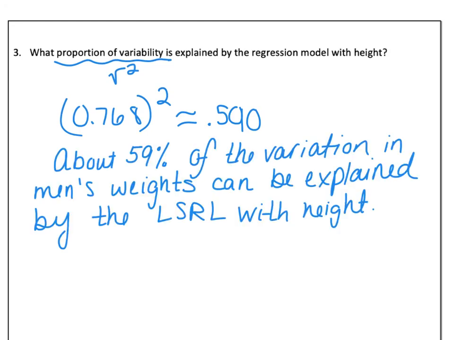So only 59% of the variation in men's weights can be explained by the least squares regression line with height. So the other 41% is attributed to other factors. It might be diet, could be genetics, all sorts of things, but it's not explained by the model.